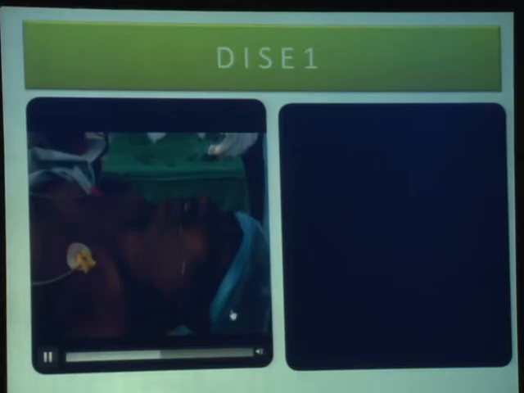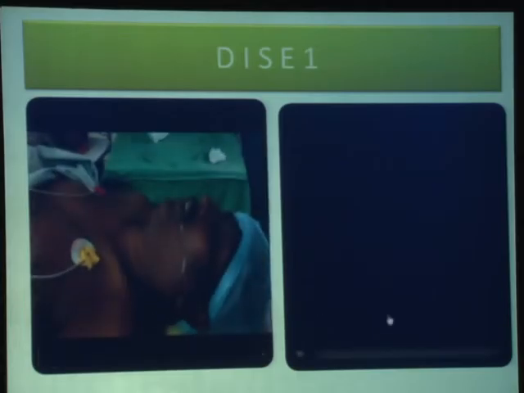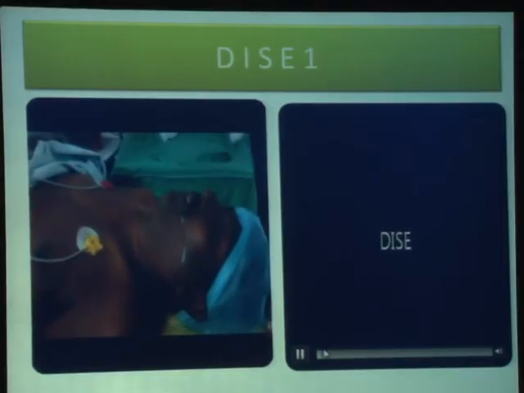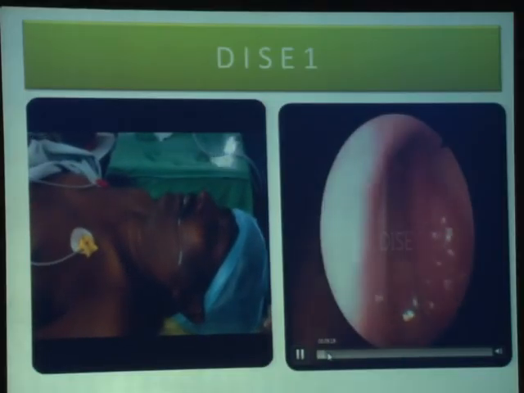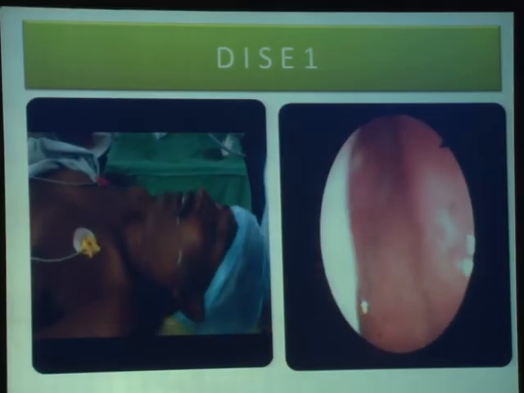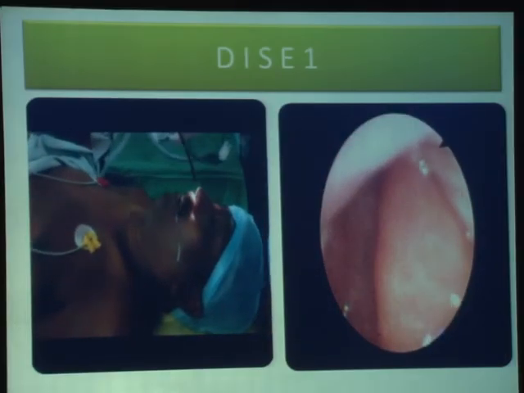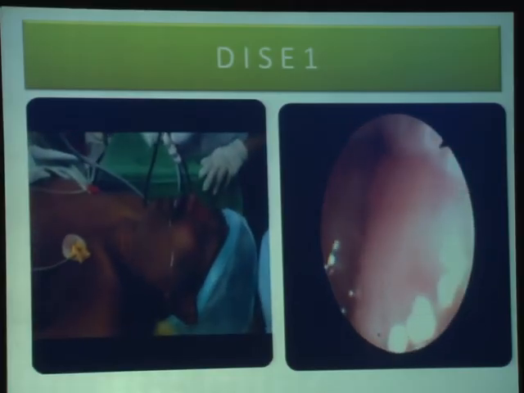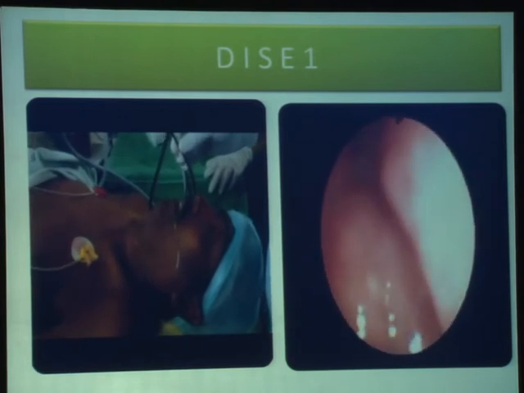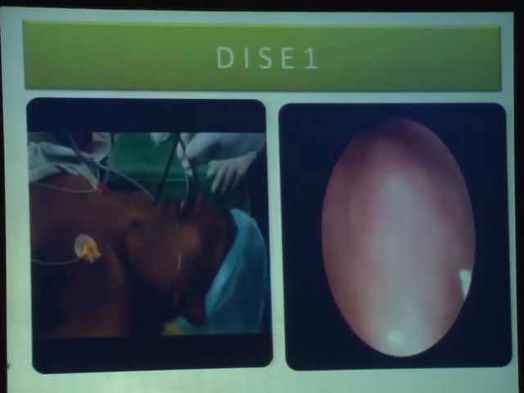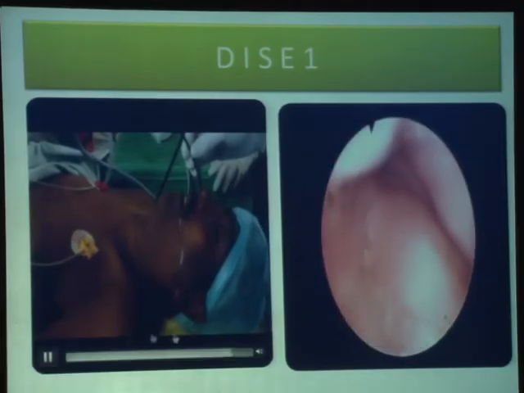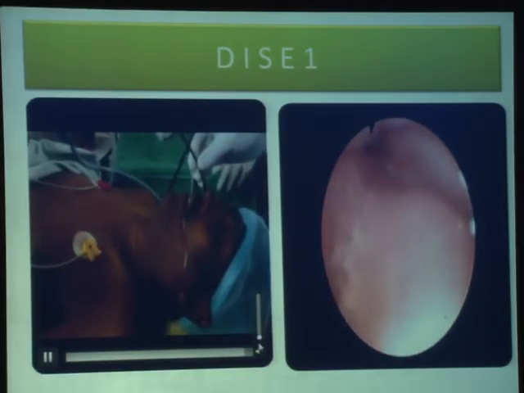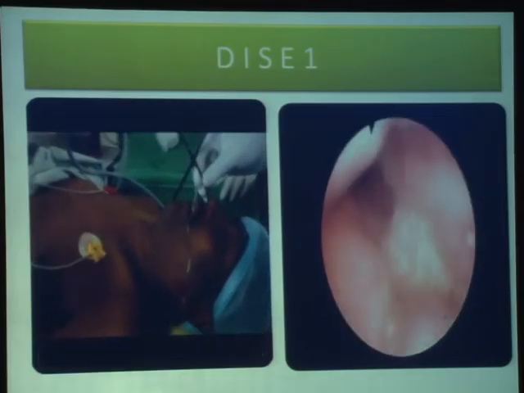Okay, so what is going on with this guy inside, if you actually see? This is the common salpingopharyngeal folds. This is the velum. So look at the kind of collapse that's happening here.